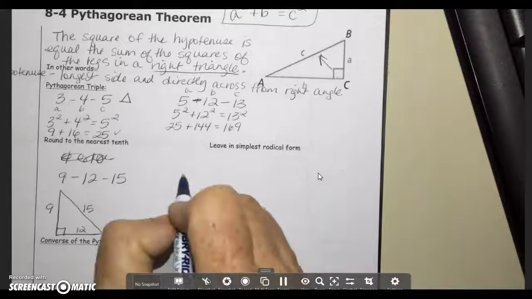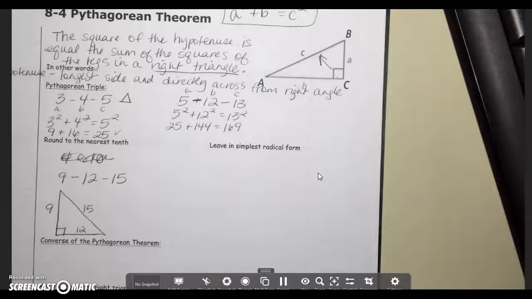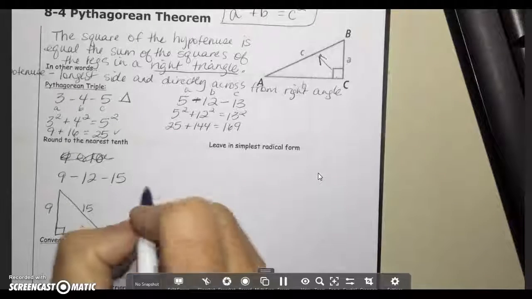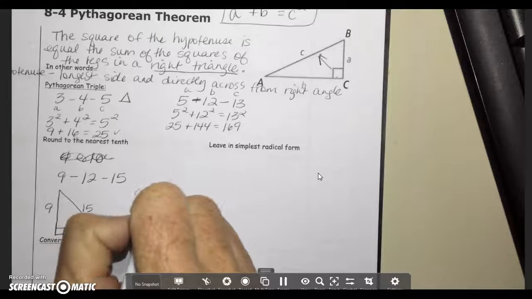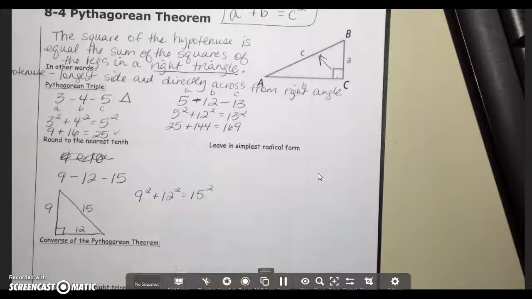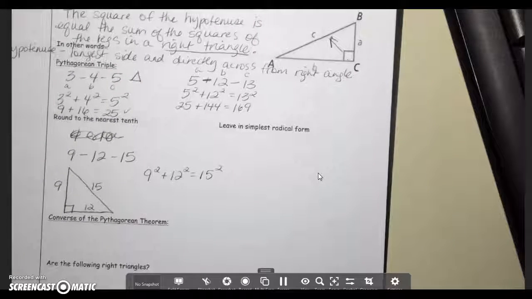What if I gave you a triangle? We'll do some practice in a minute. So, Ty, what is 9 squared? What's 9 times 9? 81.